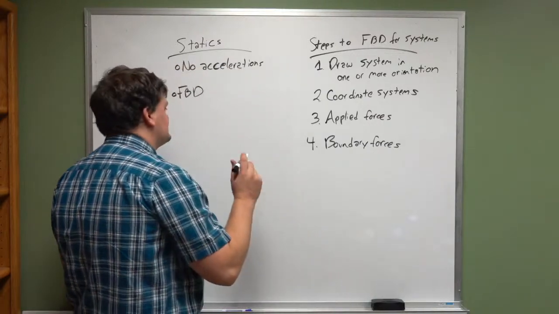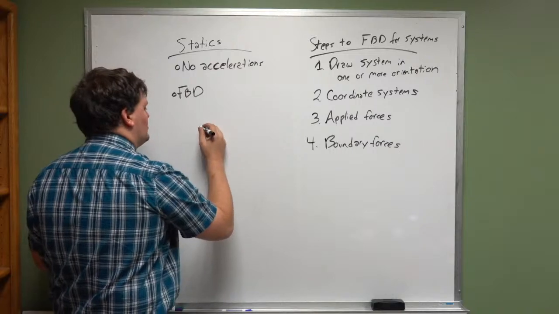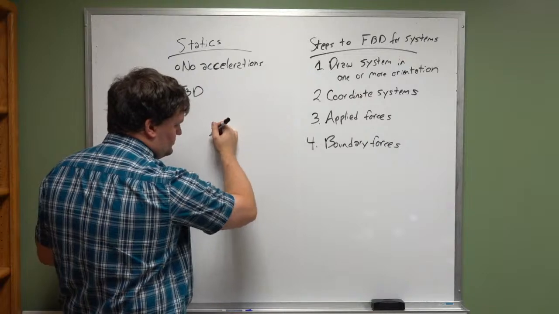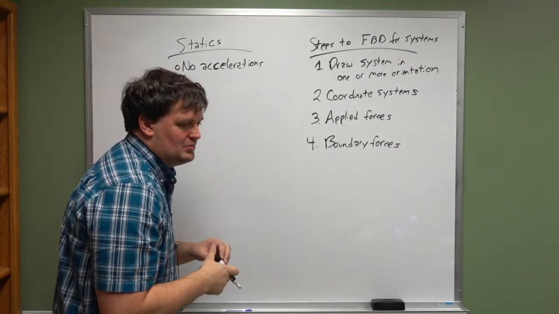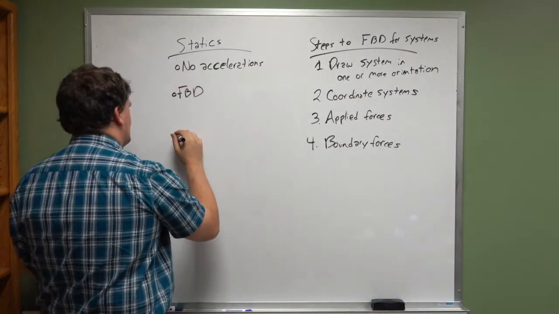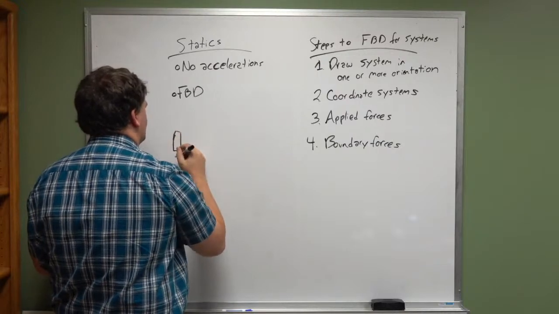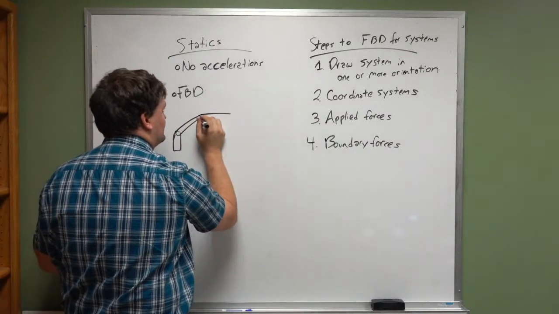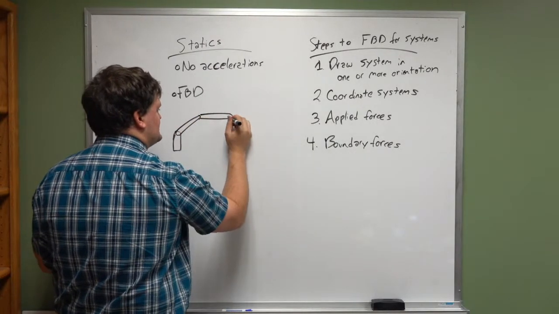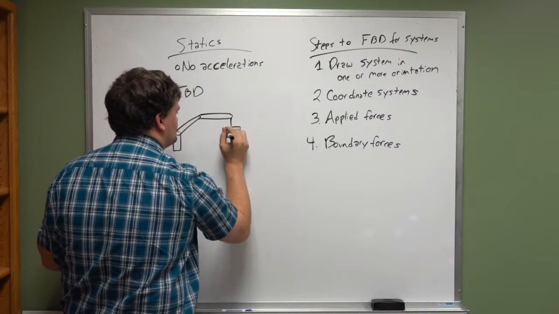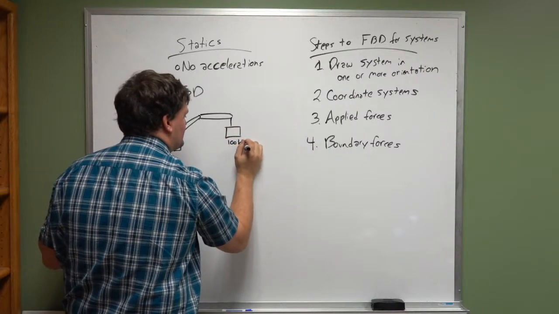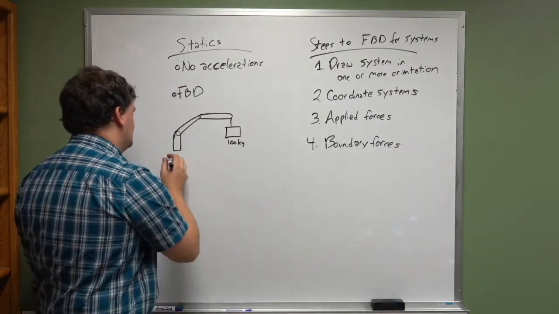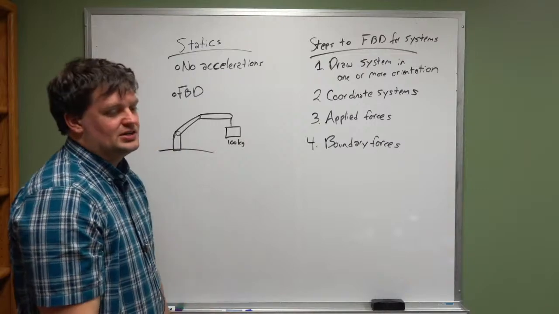So if I'm going to do an example with this, going with the machine design idea, let's say we have a robot that has a robotic arm that goes out like this, and then the robotic arm is picking up a 100 kilogram crate. The robotic arm is stationed right here.